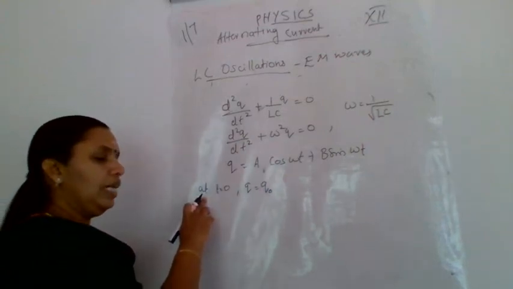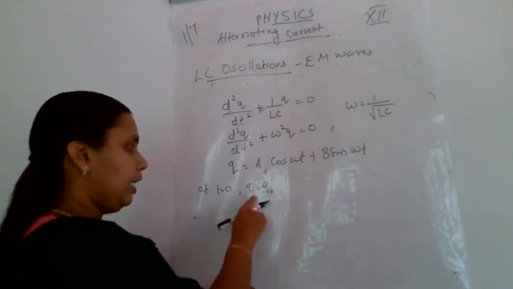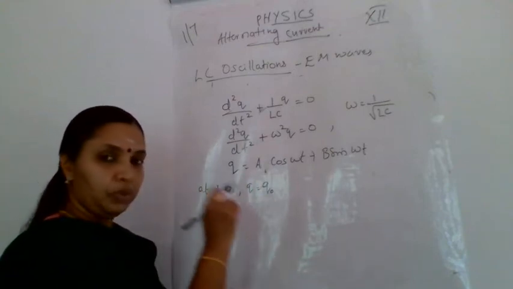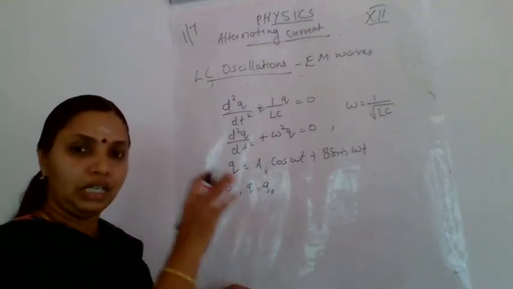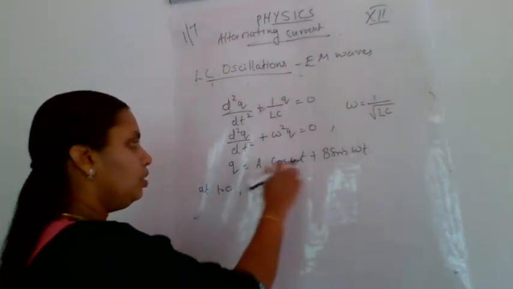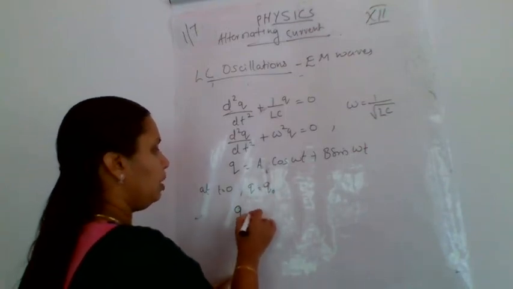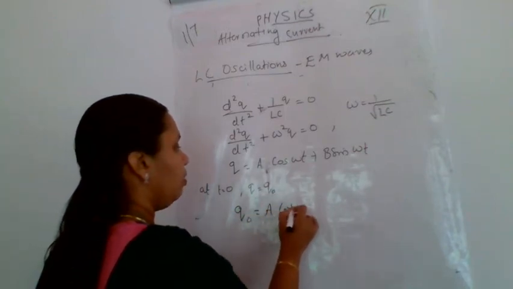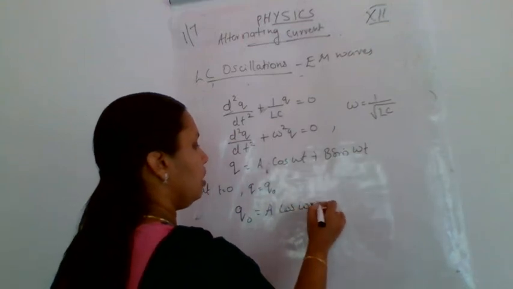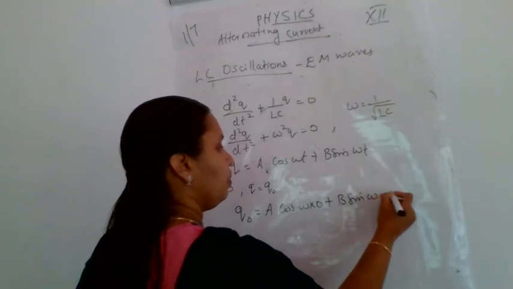So consider the initial time. That is, at initial time the capacitor is fully charged and t is equal to 0. What is q? q is equal to q0. The capacitor is fully charged, so the maximum charge is q0. So apply the condition here. At t is equal to 0, q becomes q0 is equal to a cos omega into 0 plus b sin omega into 0.